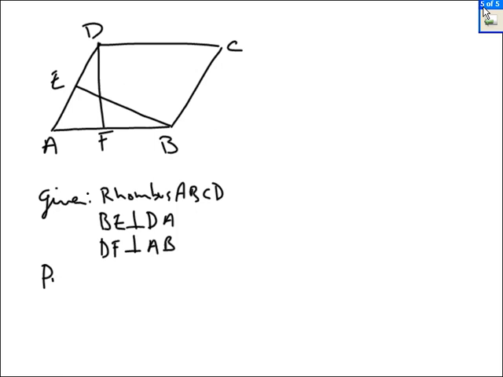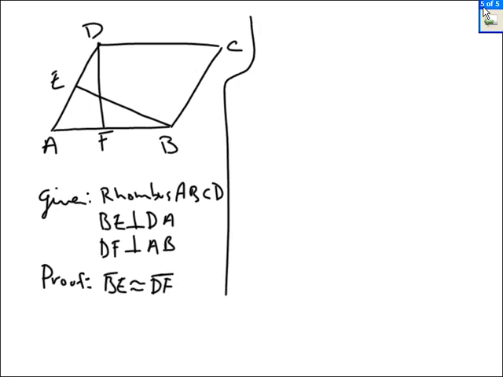And you want to prove that those two line segments other than the rhombus, BE and DF, happen to be congruent. Okay. Statement, reasons.